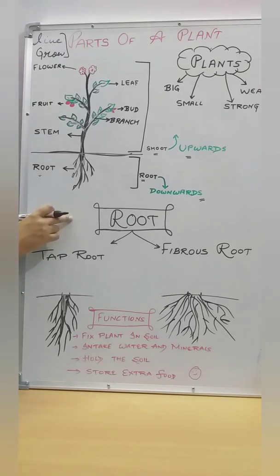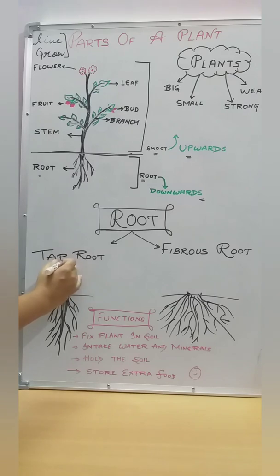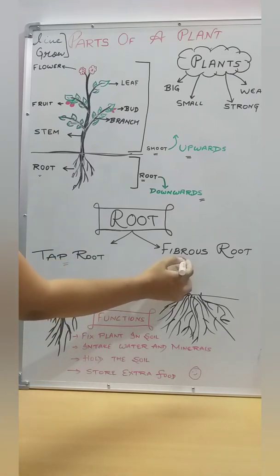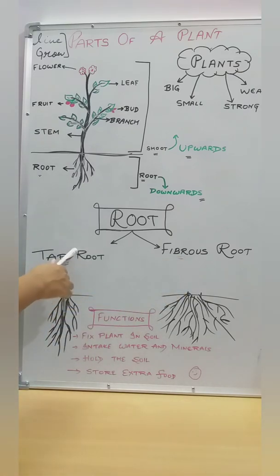Today I am going to explain root. Here we start with roots. As you can see, roots are of different types. Two types of roots are there, taproot and fibrous root. So let's learn about taproot.